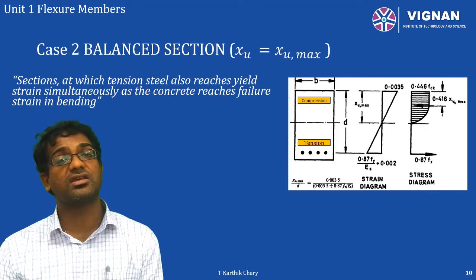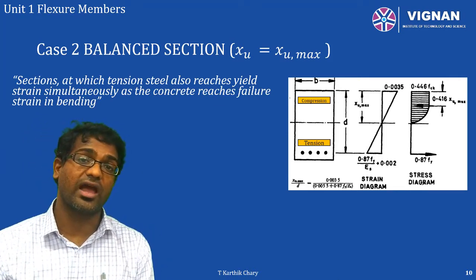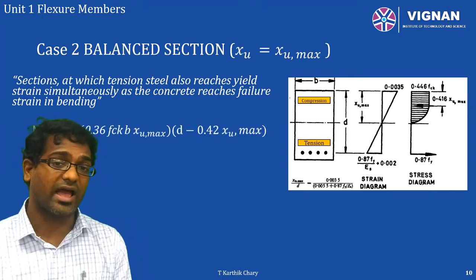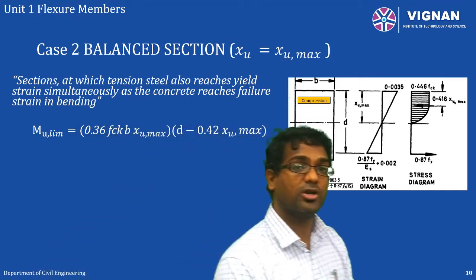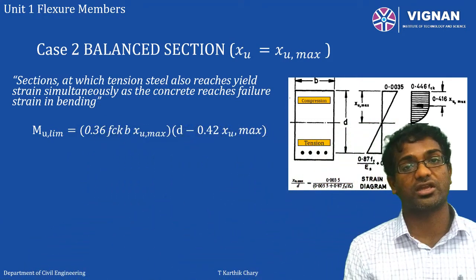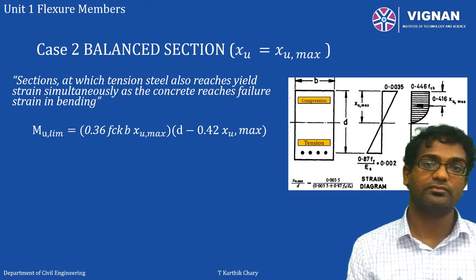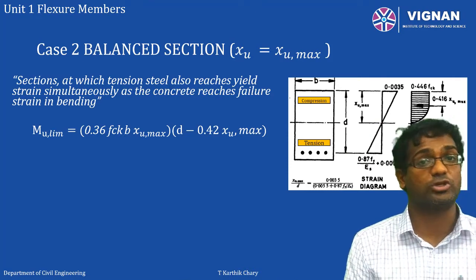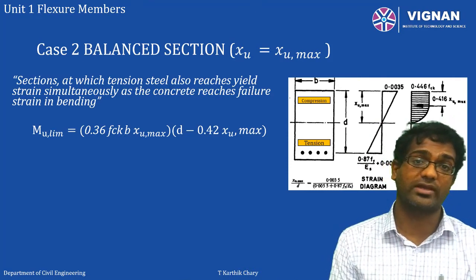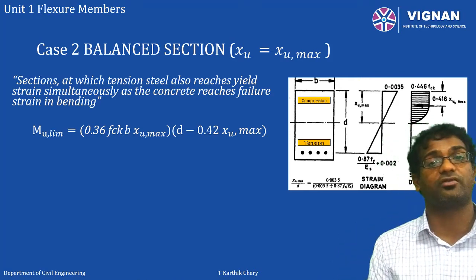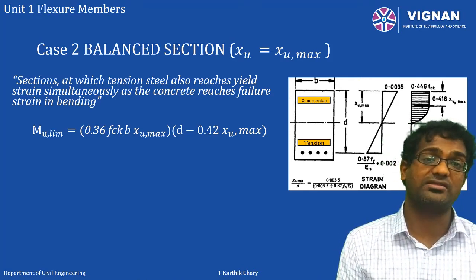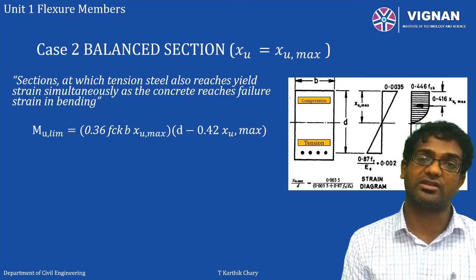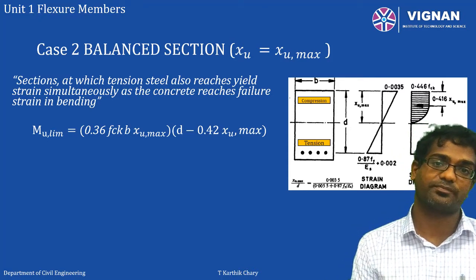The ultimate strains in both the materials, concrete and steel, will be reached simultaneously. So IS code has recommended taking the moment of resistance equation by choosing concrete as the material.